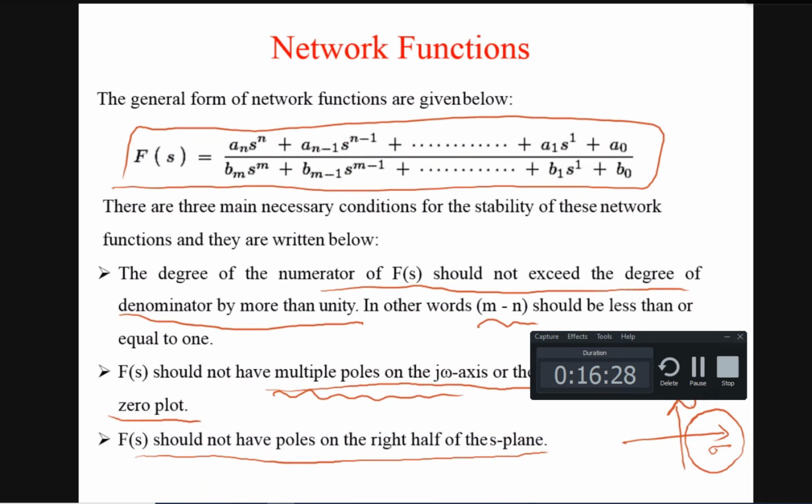Otherwise, what will happen? For a bounded input, the function will have an unbounded output. That is what is known as instability. So the function will be unstable if these conditions are not met.